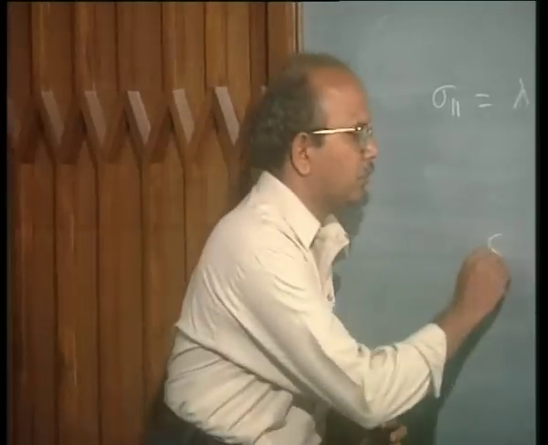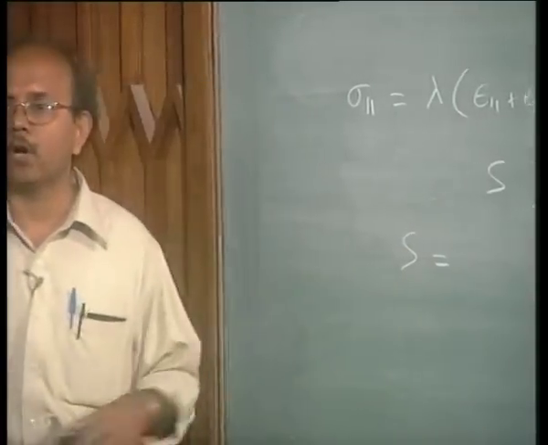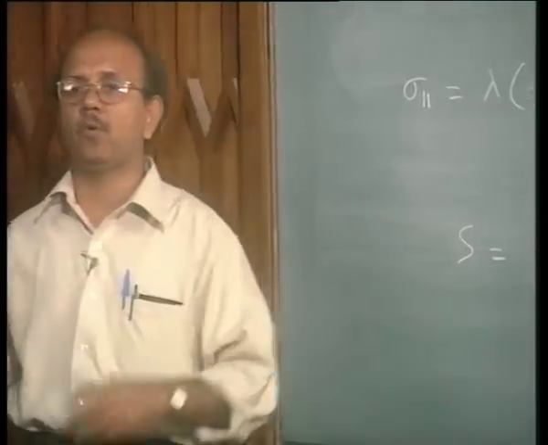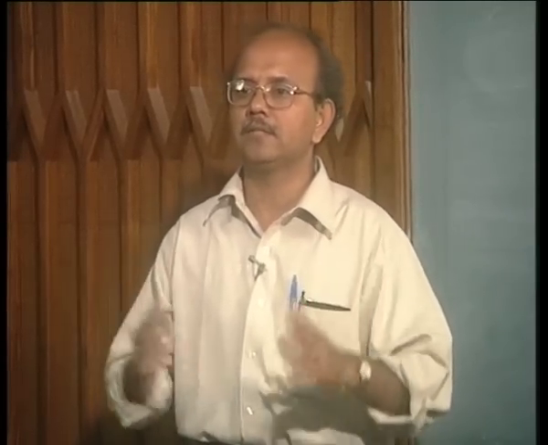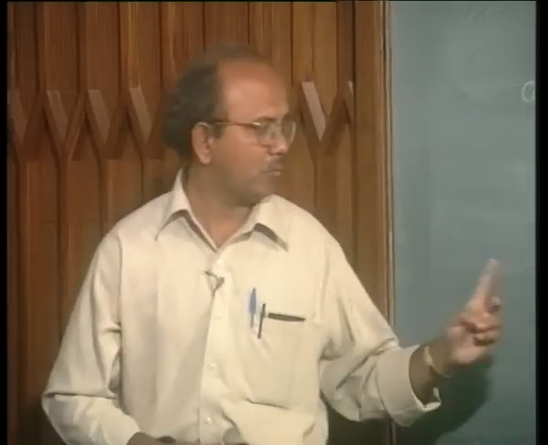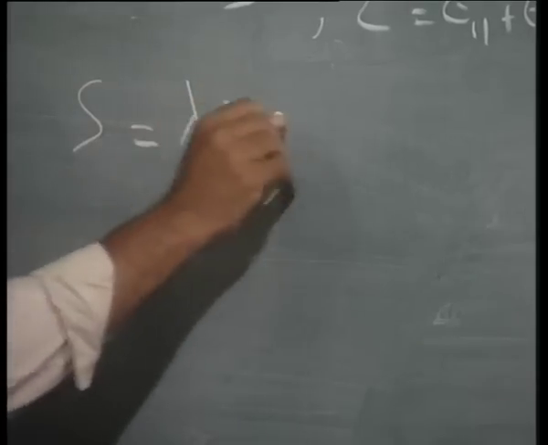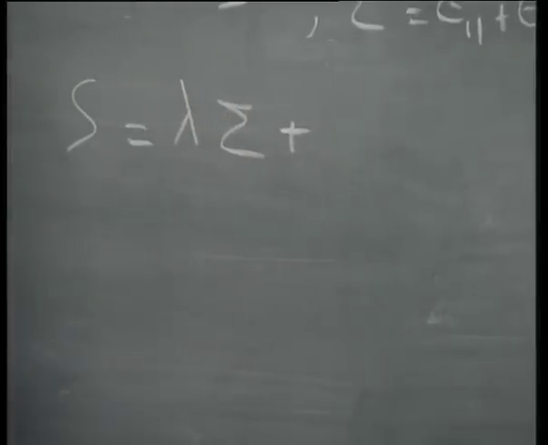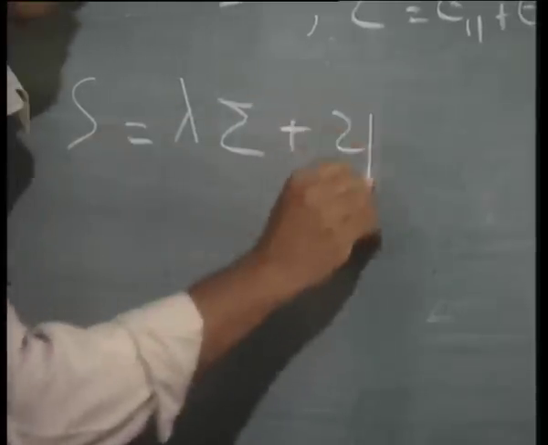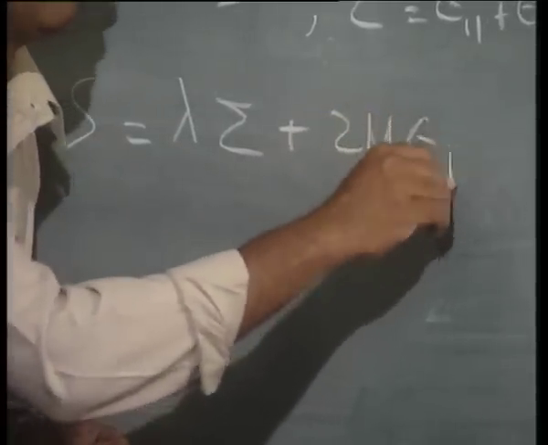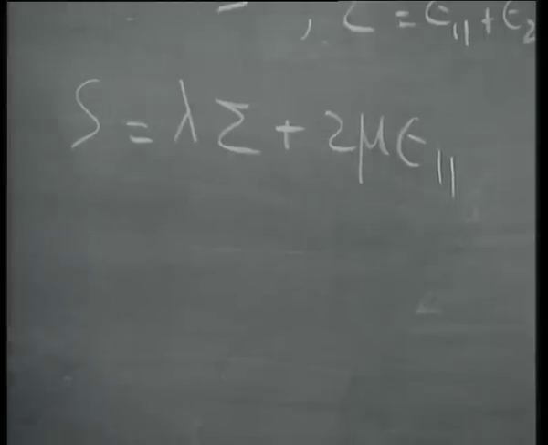So S is equal to, what is it that I have? I have only sigma 1 1 stress. I do not have sigma 2 2 and sigma 3 3. So sigma 1 1, that is S, is equal to, how do I write? Lambda sigma plus 2 mu epsilon 1 1. Now what happens to the second equation?